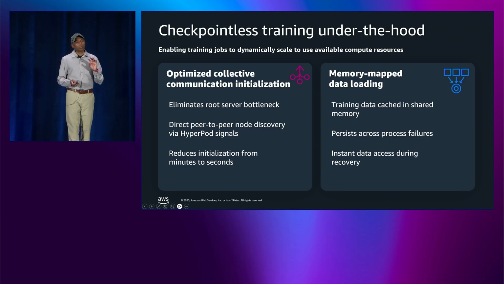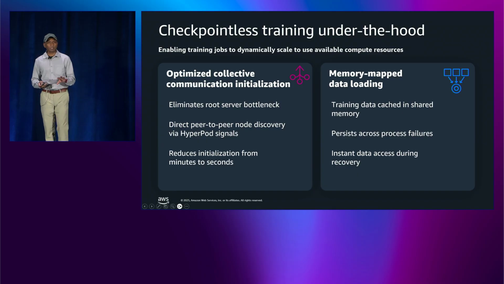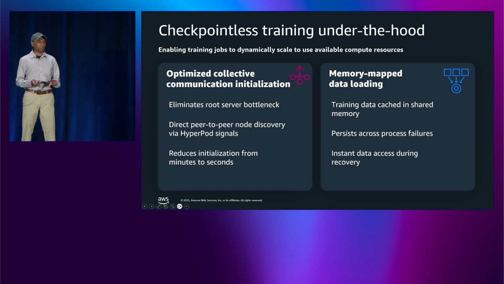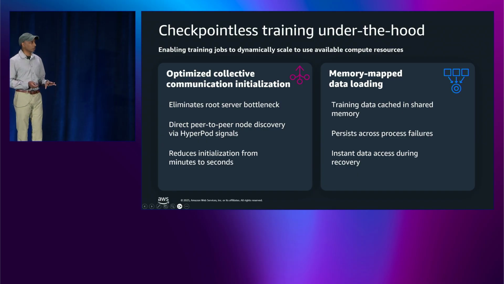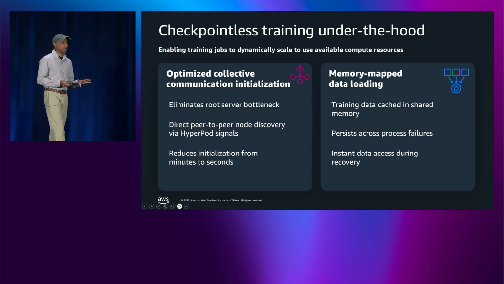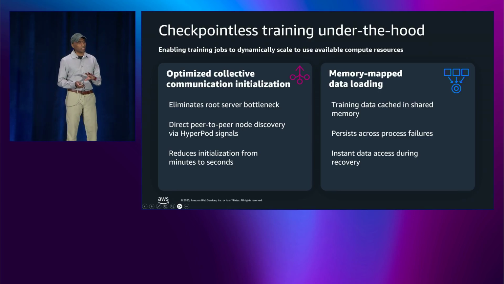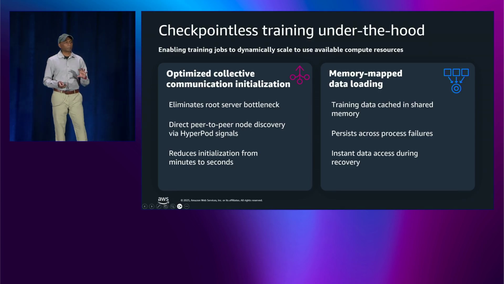However, when you have failures, you still have to pay the cost repeatedly. So every time a failure happens, you need to pay the cost of pre-processing your data, feeding it into the training pipeline. And during this time, this is a synchronous operation. All of the compute, expensive compute, is sitting idle.